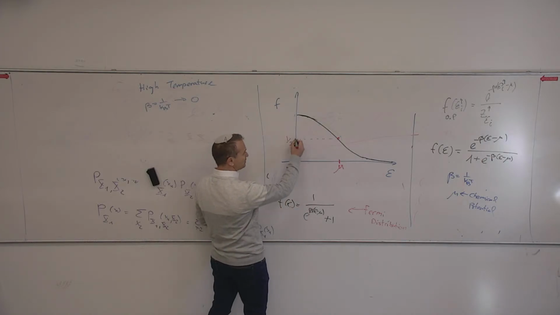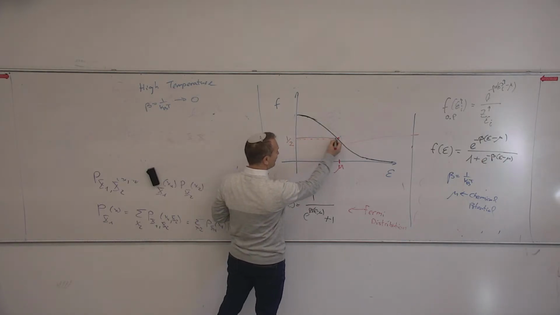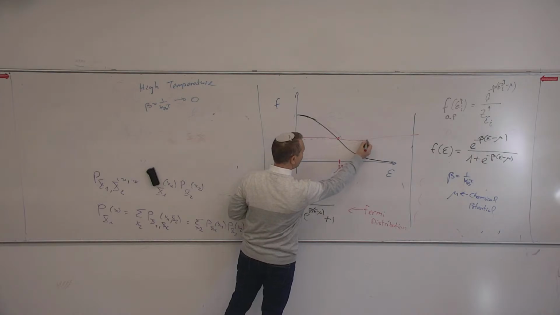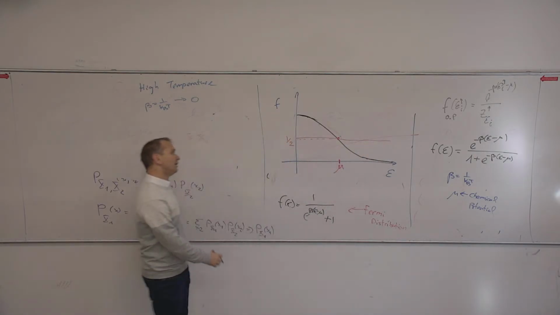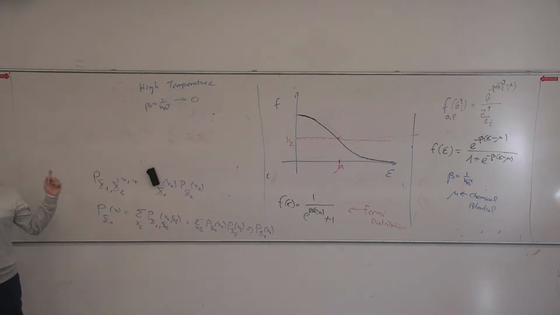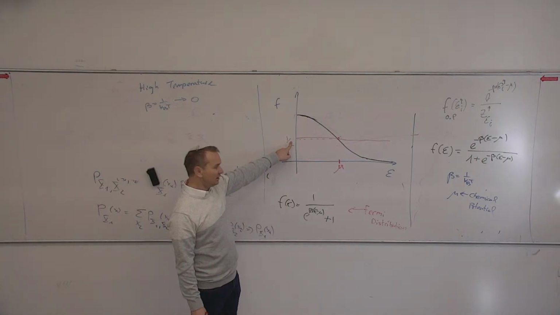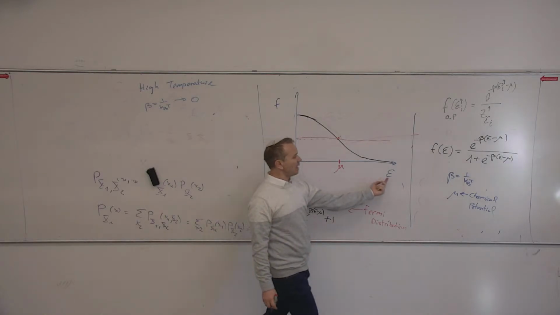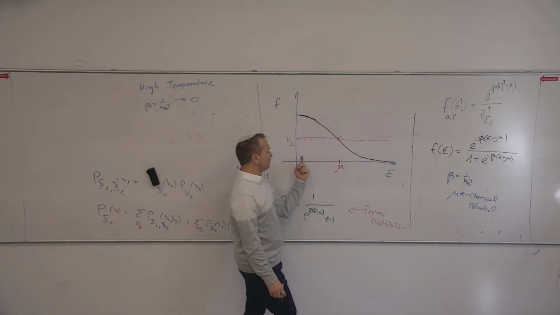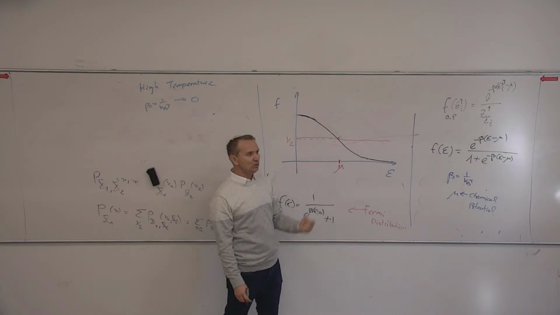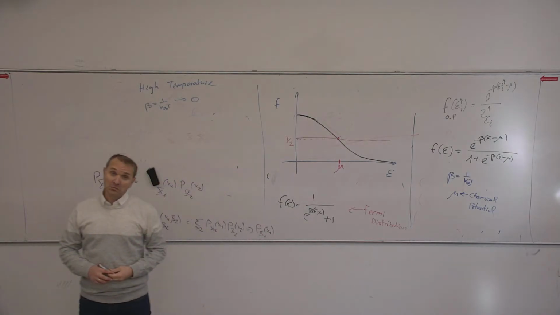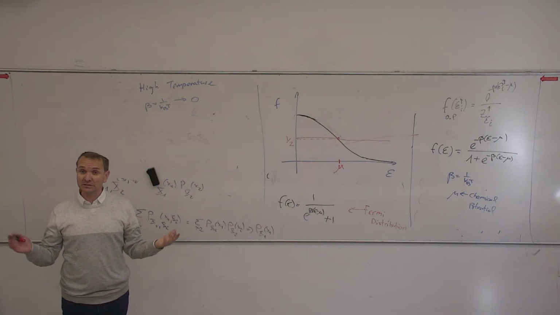Maybe it's a little bit high over here, and a little bit lower over here, but in general, it's almost flat. So we have equal probability of occupation of an energetic state, no matter what epsilon it is, if the temperatures are very high.